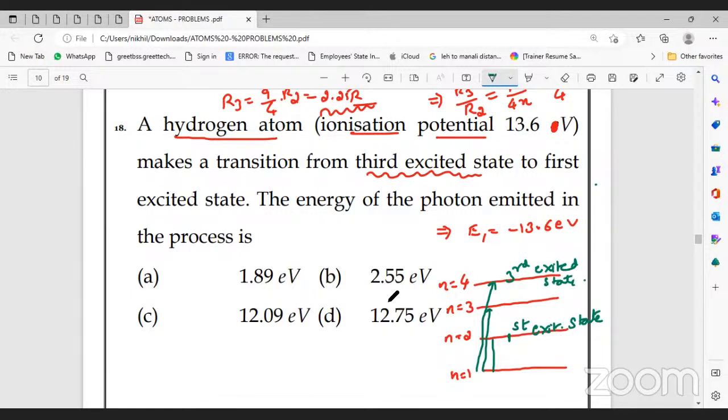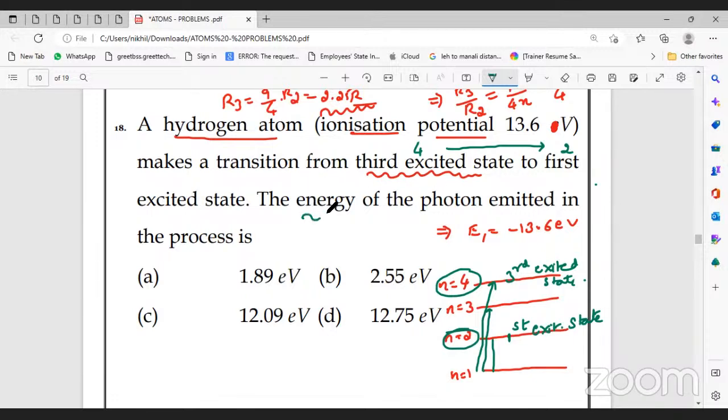So clearly, can you tell? Third excited state means what is the orbit number? 4. First excited state means n equals 2. So now the electron is taking a transition from 4 to 2.